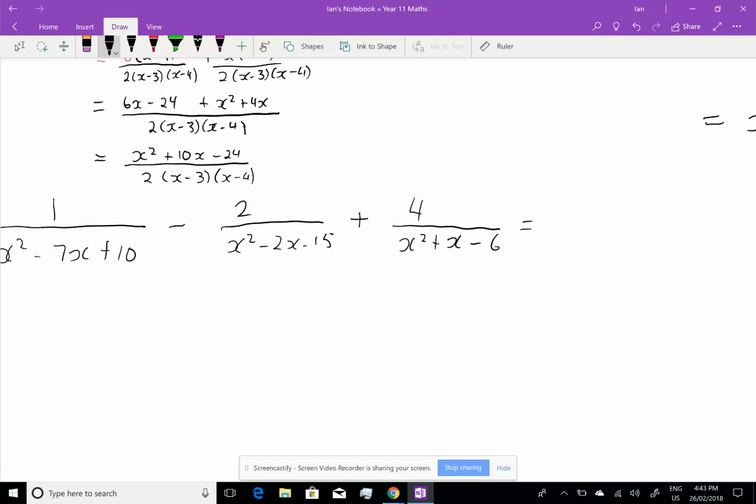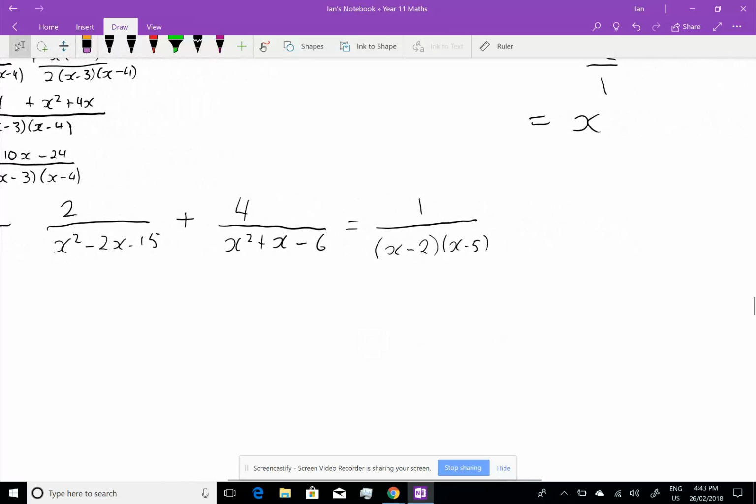So what multiplies out to 10 and adds up to 7? Well, I reckon x minus 2, x minus 5. I've got 1 over the top of that. What multiplies, and I've got a minus sign here, what multiplies out to 15 and adds up to minus 2?